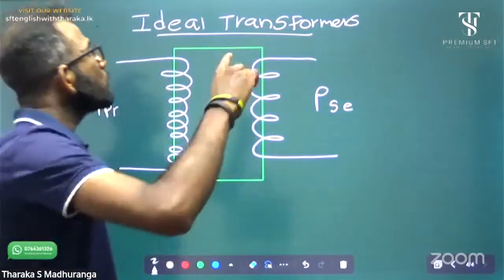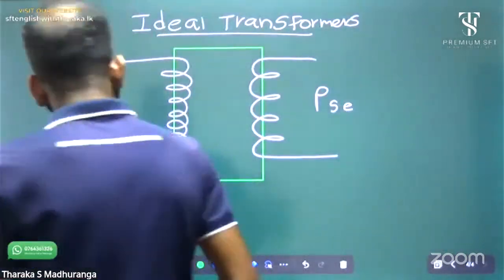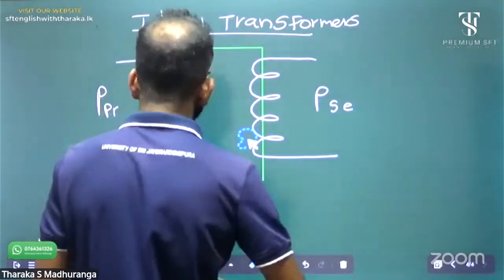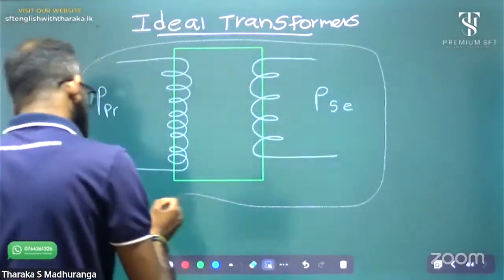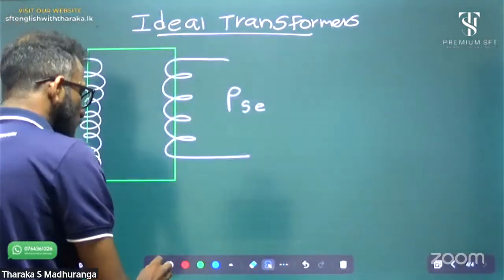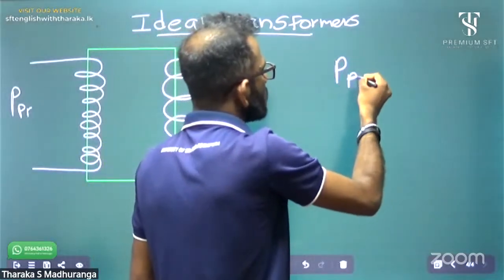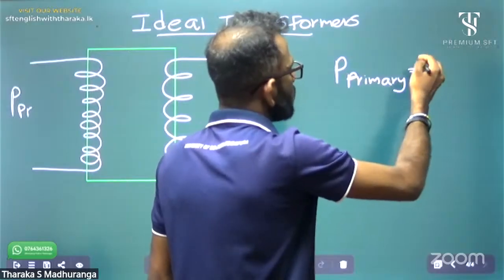Okay, according to the ideal concept, an ideal transformer has no energy loss. What's the meaning of no energy loss? The energy supplied to the primary winding equals the output energy.